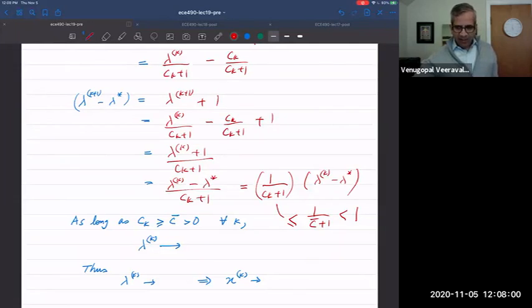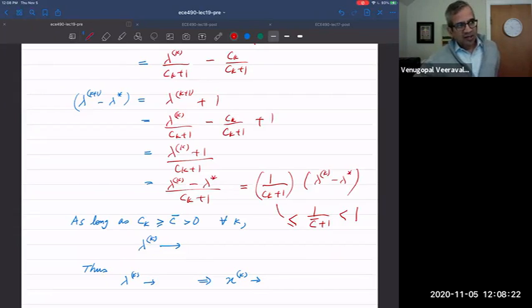So what does that say about lambda_k converging to lambda star? Go back and think about what we did when we looked at convergence with strong convexity.